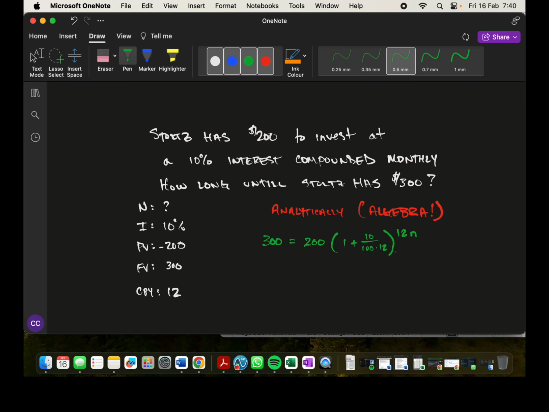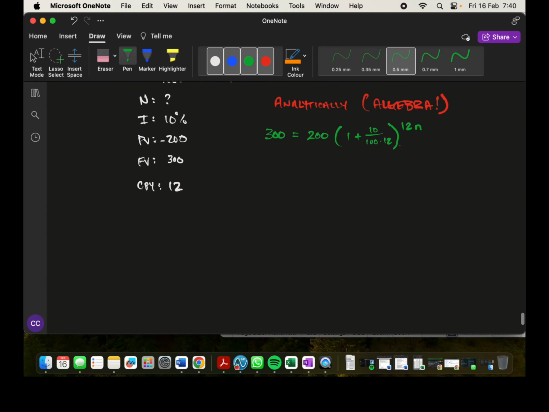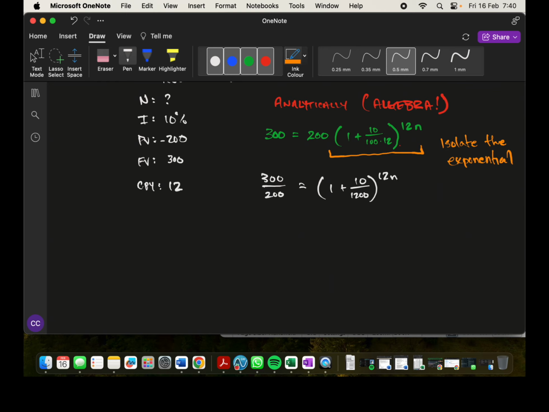Now, our goal here is always we want to isolate the exponential. We want to make it so only the exponential is on one side. In this case, that's pretty straightforward. We end up with 300 over 200 is the same as 1 plus 10 over 1200 to the 12n.